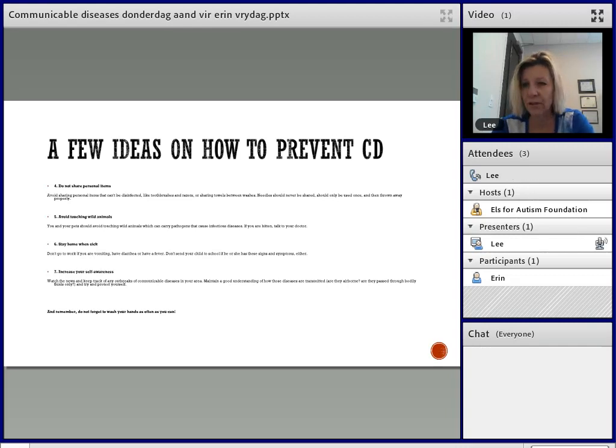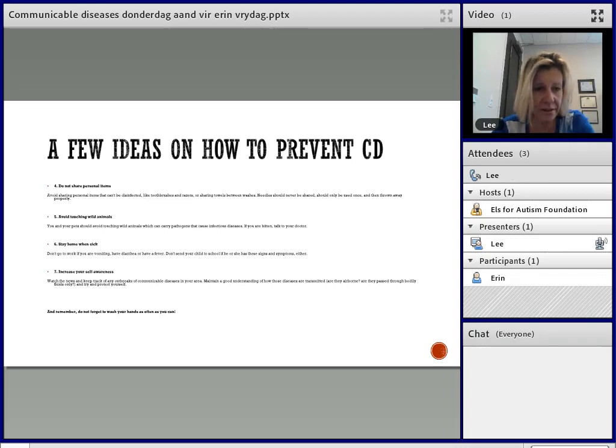Just please stay home when you are sick. Don't go to work if you have vomiting, diarrhea, or a fever. If you take something that's going to reduce your fever, that doesn't mean that you don't have a fever. Don't send your child to school if he or she has these signs and symptoms either.